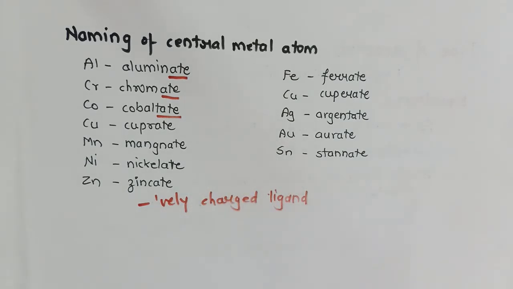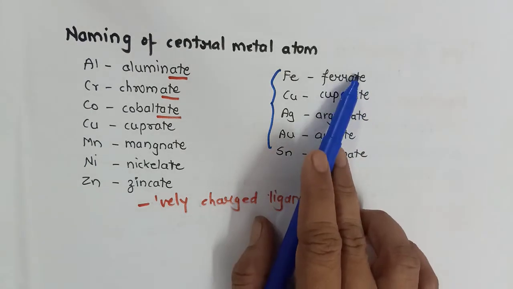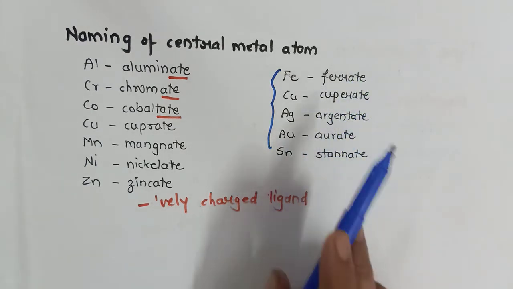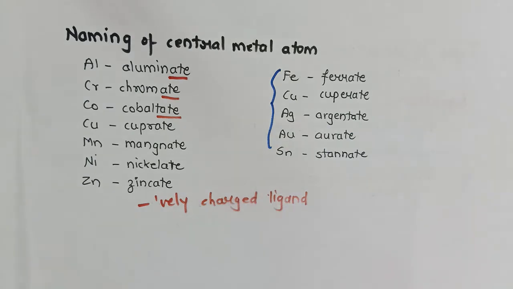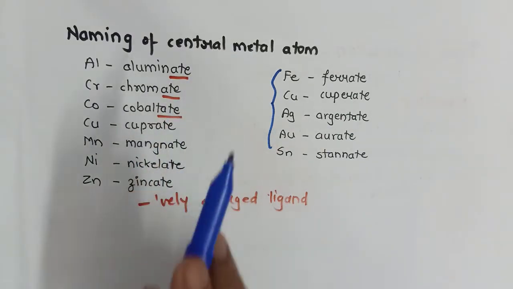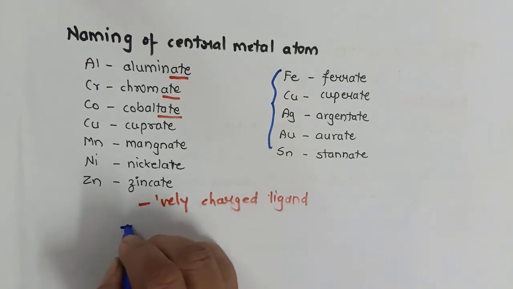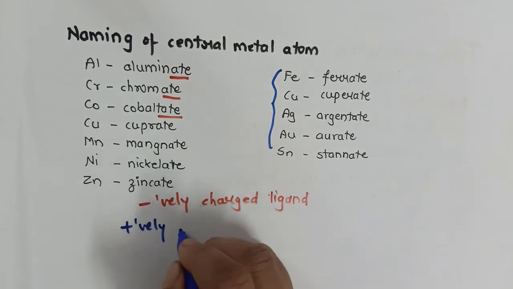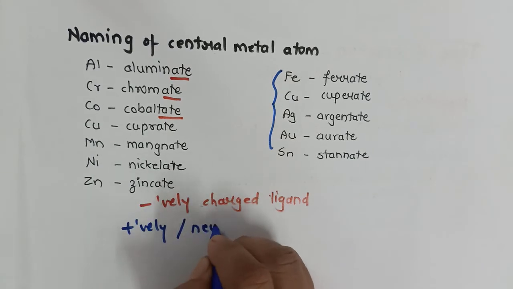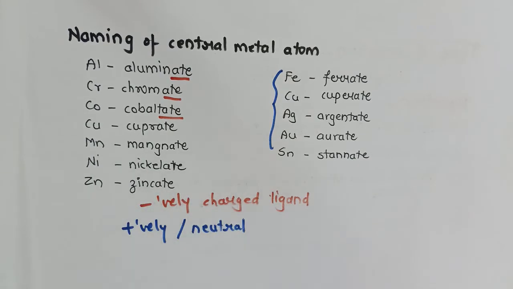Okay, now these are the special cases because for these metals we are taking the Latin name instead of their normal name. Ferrate, cuprate, argentate, aurate, stannate, etc. So the central metal atom's naming depends on whether it is attached to a negatively charged ligand or if it is coordinately bonded to a positively charged or neutral ligand.